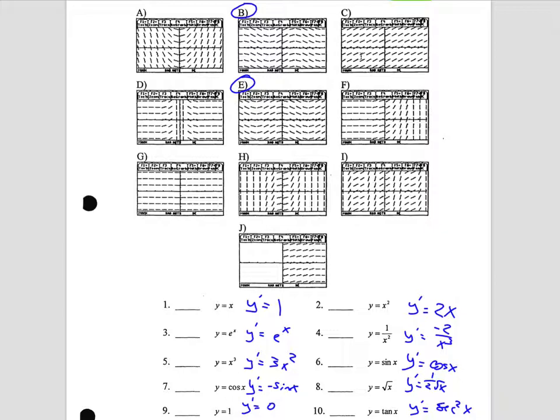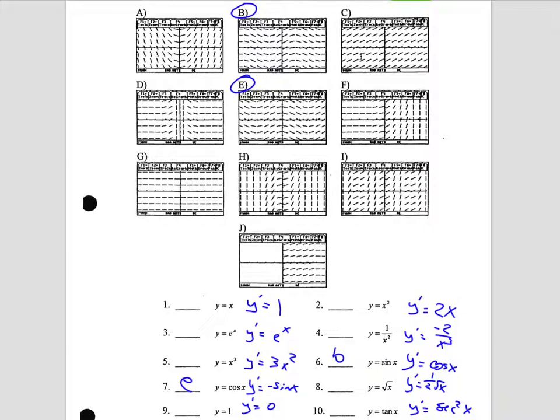E goes with 7, and B is going to go with 6. Who can explain why? Graph cosine amplitudes on the origin.